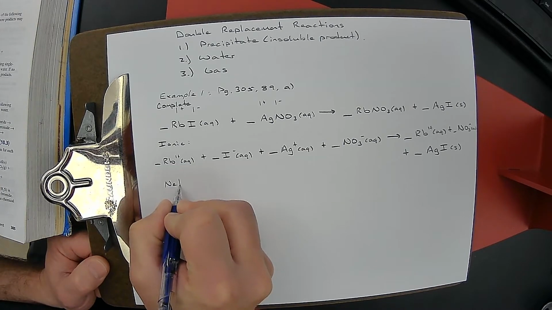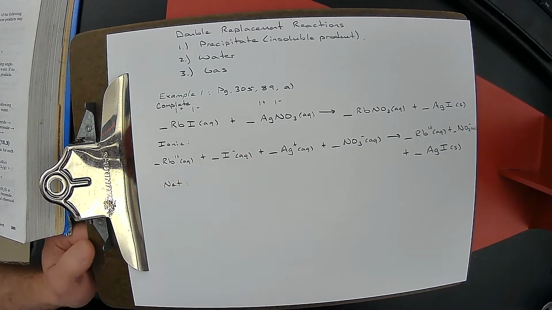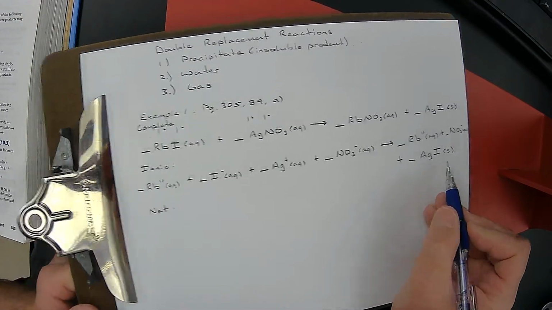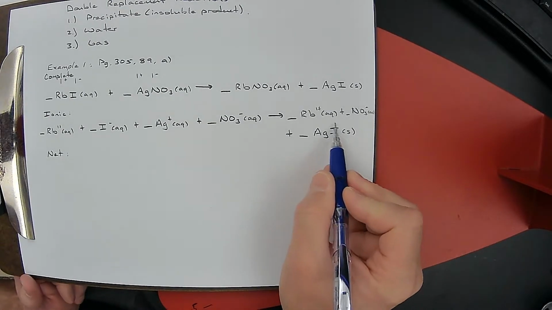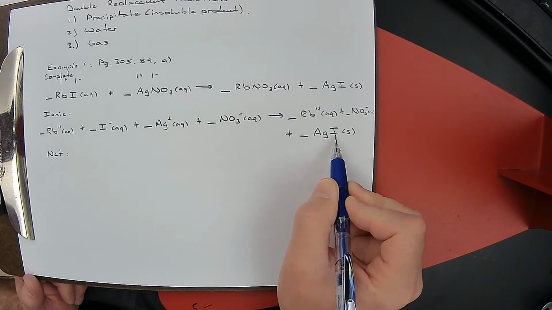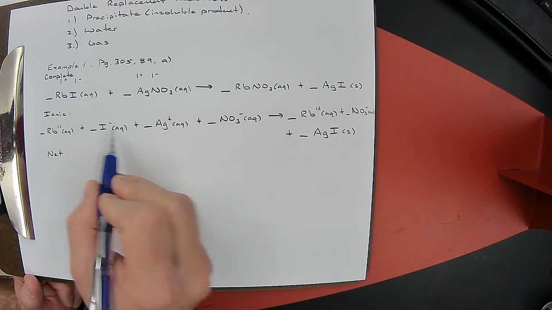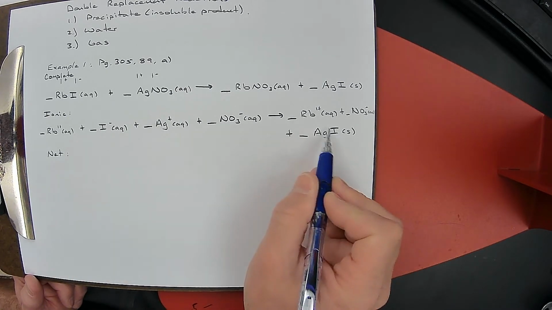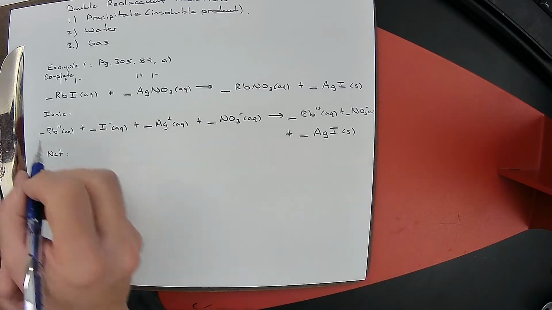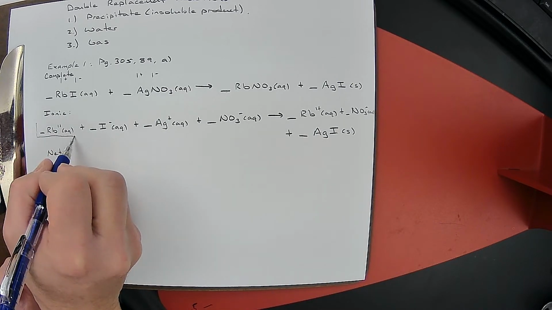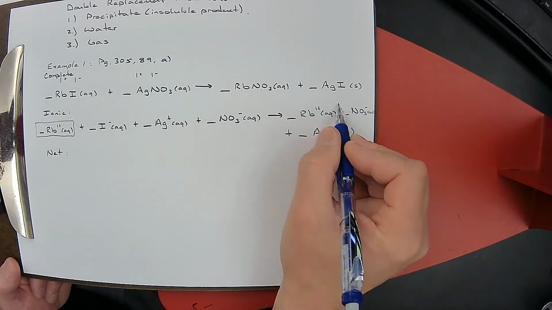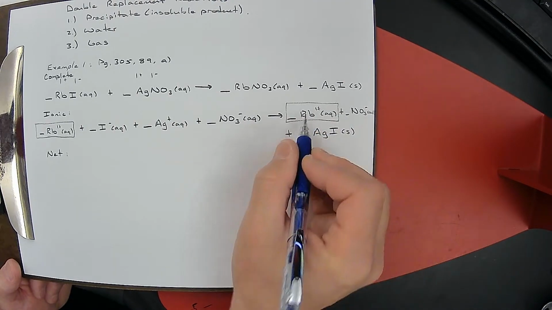The net ionic equation is where we only show the ions that changed. So what we can do is look at the solid precipitate. That means these substances must have changed because they started as an ion and ended up as a solid precipitate. Notice the Rb, here and here, both in its ion form.